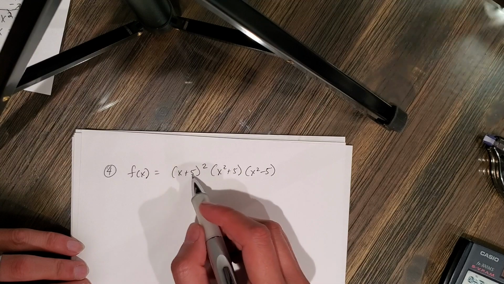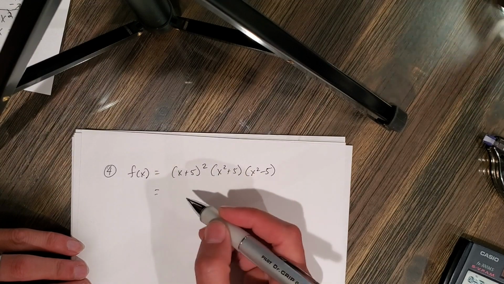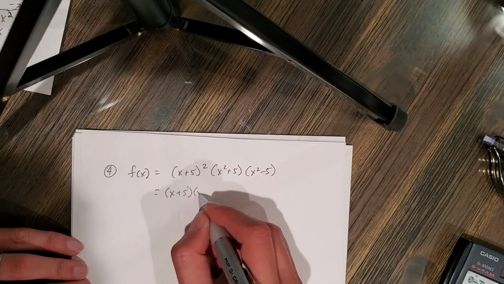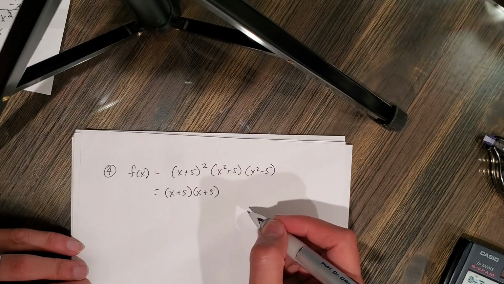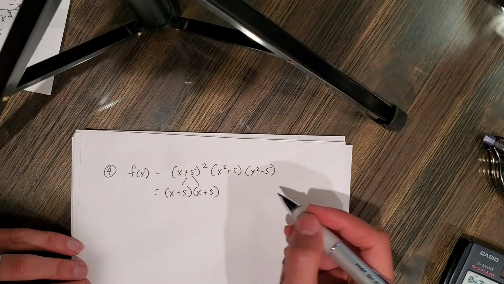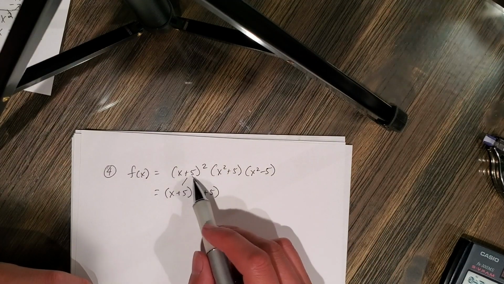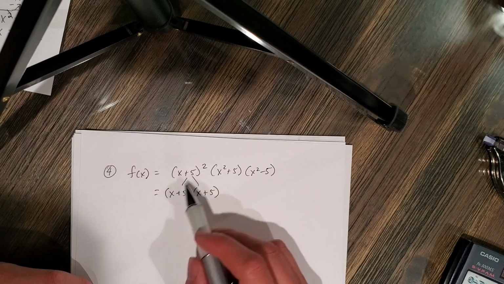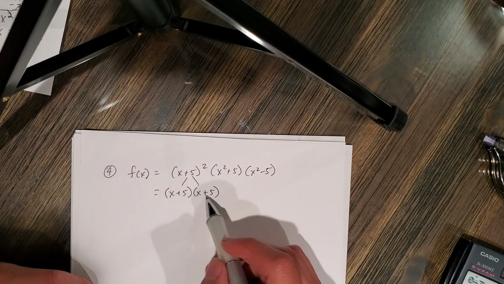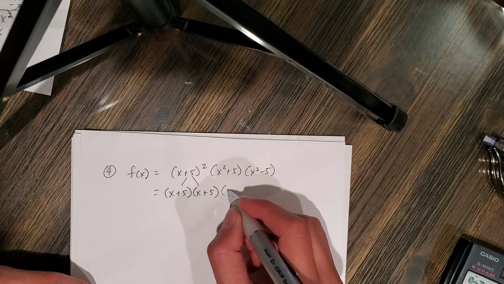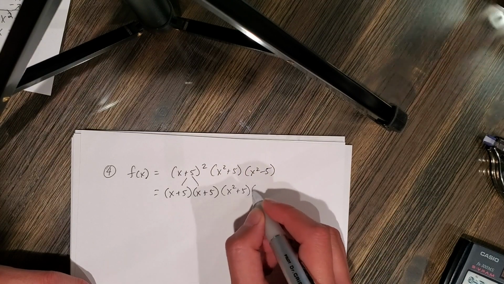But what does that mean, x plus 5 to the second power? Well, that means that we have 2 of these. X plus 5 times x plus 5. That's what that means. Okay? So really, it just means that we have 2. So x plus 5 squared is the same as saying x plus 5 times x plus 5.